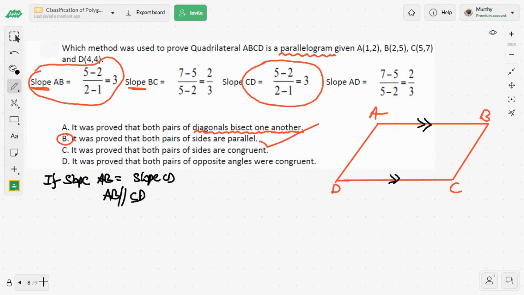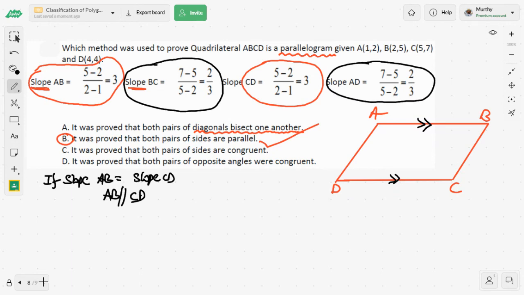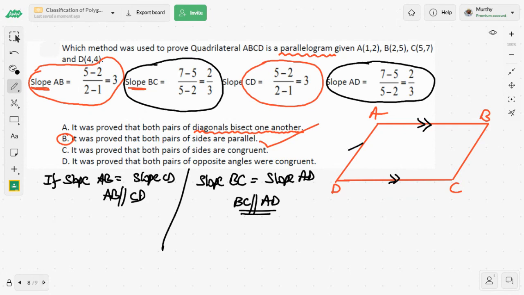In the same way, if you take slope BC, which is 2/3, and slope AD, this is also 2/3. Therefore, slope BC equals slope AD. If the slopes are the same, then the lines are parallel. Therefore, BC is parallel to AD. So as the opposite sides are parallel, it must be a parallelogram.